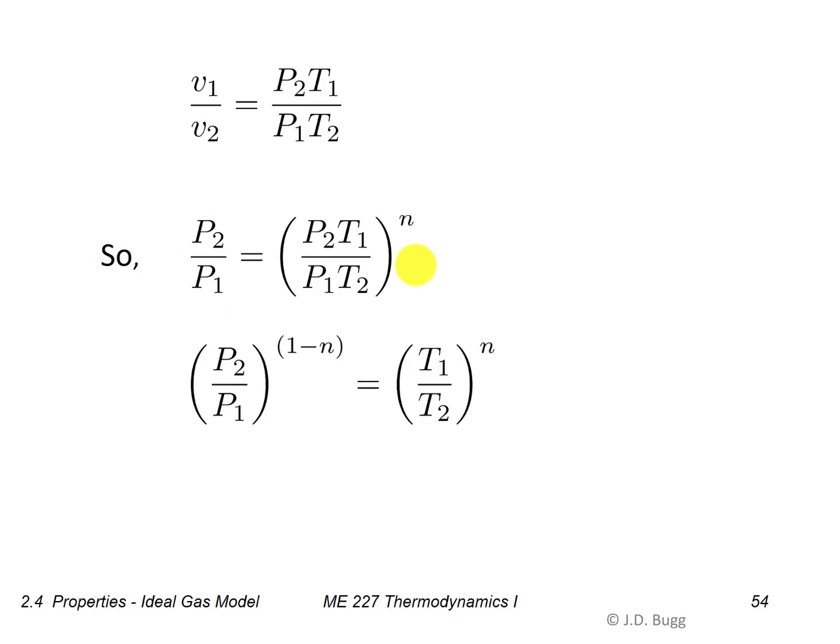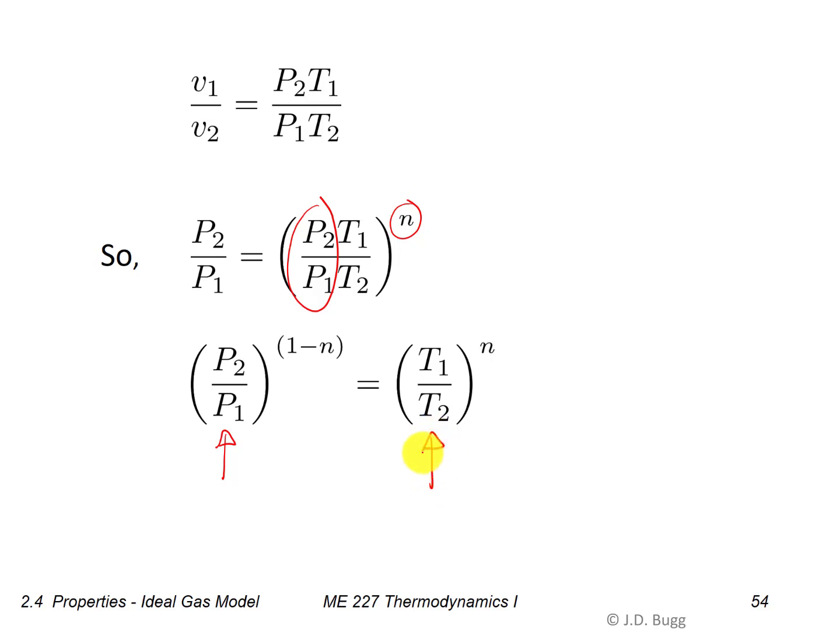We can do that. We divide both sides of this equation by P2 over P1 to the n. So it's eliminated from the right-hand side, and over here we then have an exponent of 1 minus n on our pressure ratio. Now we have pressures only on this side and temperatures only on this side.